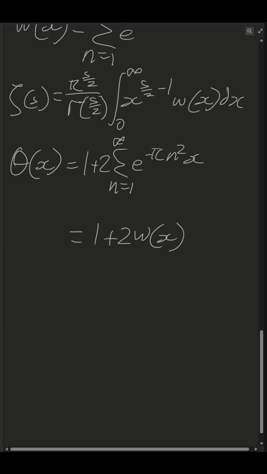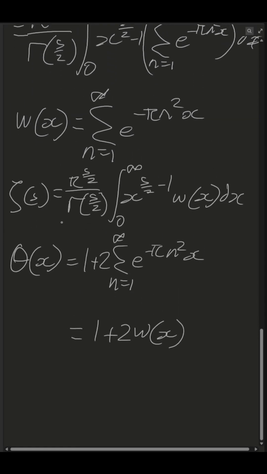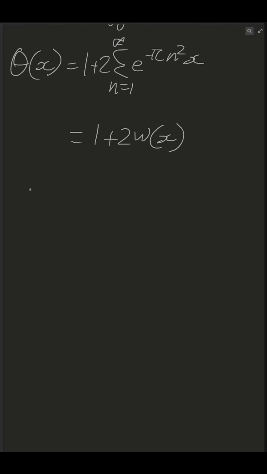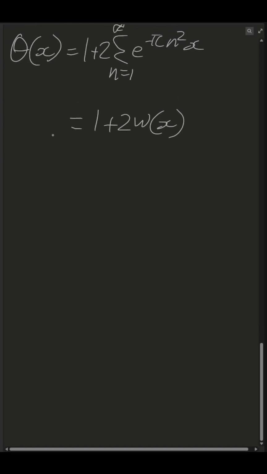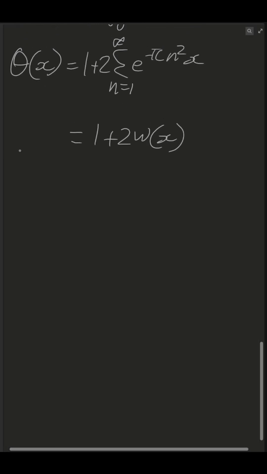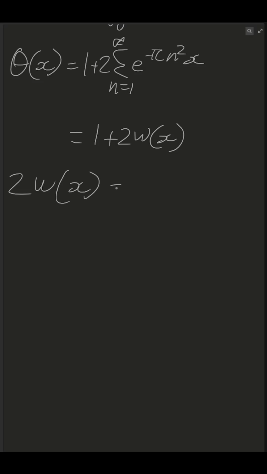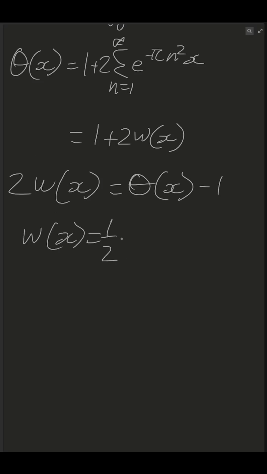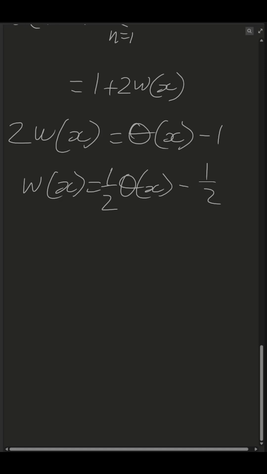Now we've defined our w function in terms of the theta function. So if we rearrange, we can say that 2w of x is equal to theta of x minus 1, and w of x is equal to half theta of x minus half. You can factor it out, doesn't really matter.